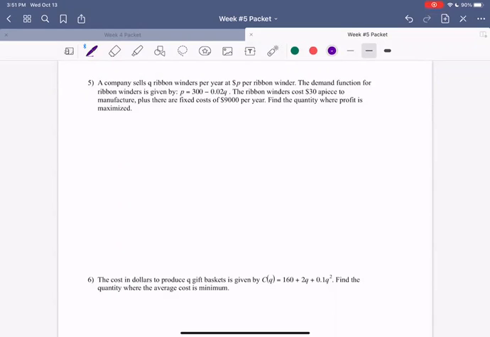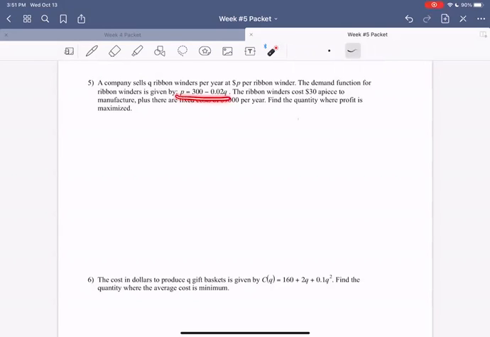All right, so for this problem, we are told that a company sells Q ribbon winders per year at P dollars per ribbon winder. Then we're told that the demand function for ribbon winders is given by P equals 300 minus 0.02Q.